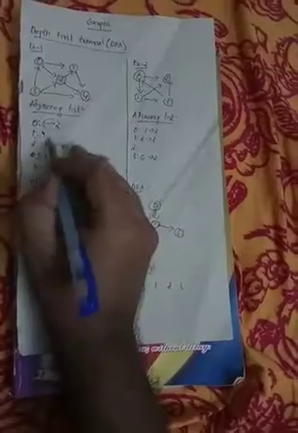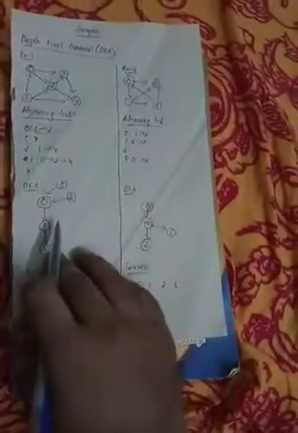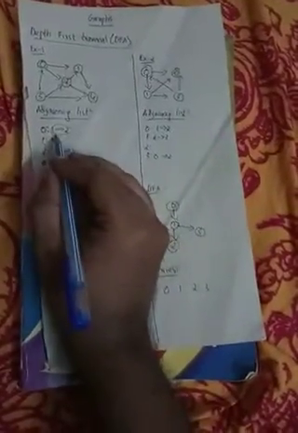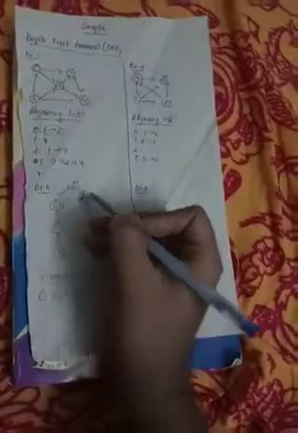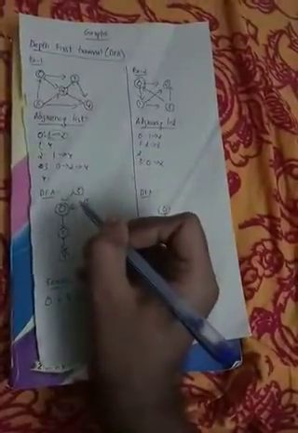For 1 again we have 4. 4 is already visited, so no need to write it again. So again we'll come back to 0. For 0, 1 is visited. We have another number, 2, so we'll write from 0 to 2.